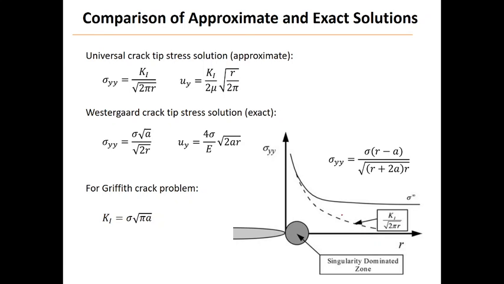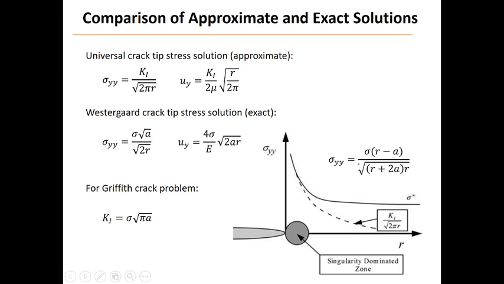If you do this comparison, you're going to find out that as R goes very close to 0, that means that you're very close to the crack tip, you're going to get the two solutions to be very close. Okay, so that makes sense, because if you look at the solution here, you want R to be very small compared to A. Then you can make approximation on this sigma YY.